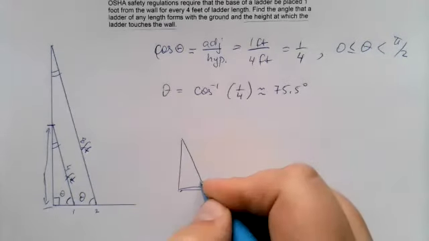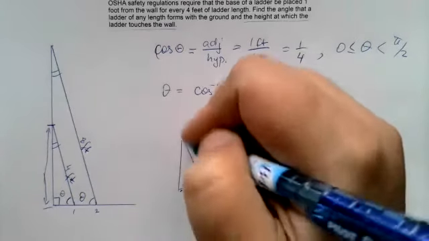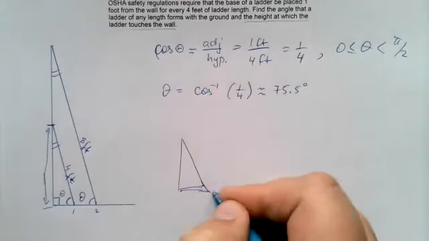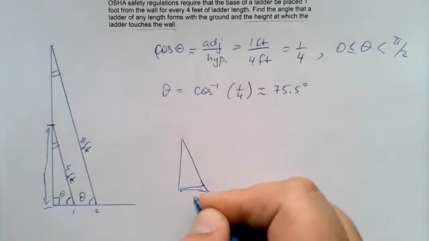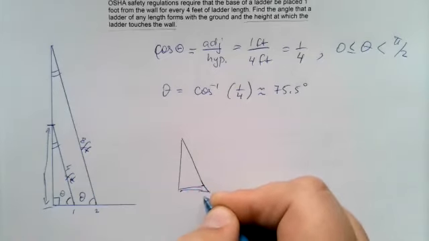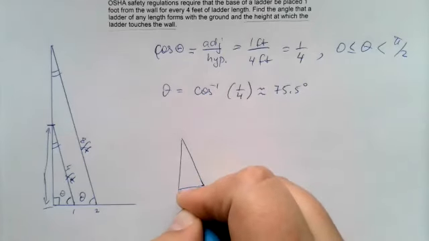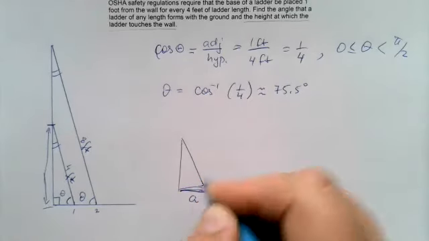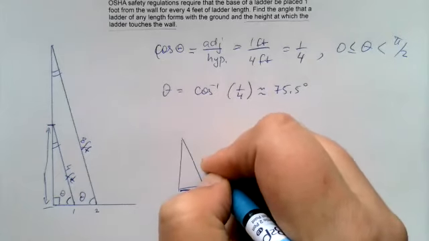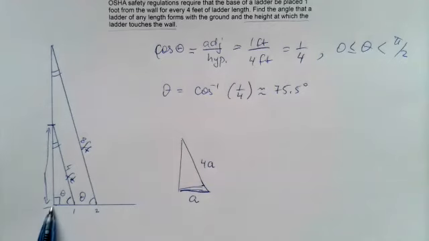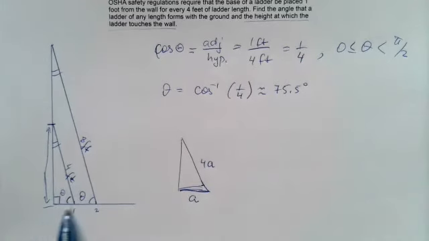So per each 4 feet of the ladder, we're going to have 1 foot away. We're going to move it 1 foot away from the ground. So if this side away from the ground is A, then this hypotenuse is going to be 4 times as long, right? So 1 foot, 4 feet, 2 feet, 8 feet. So this is A, this is 4A.